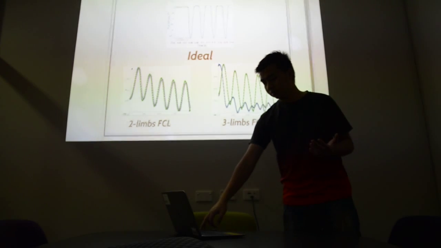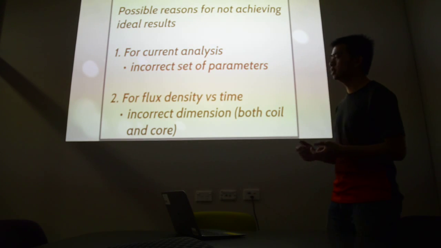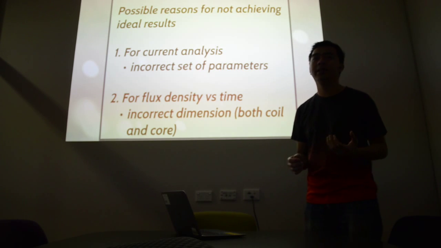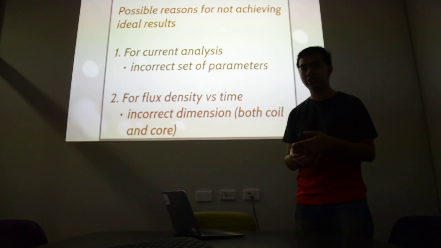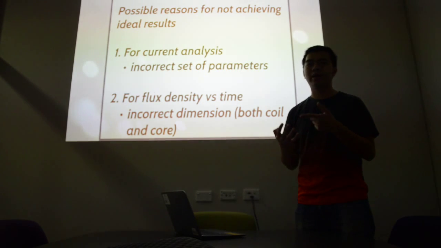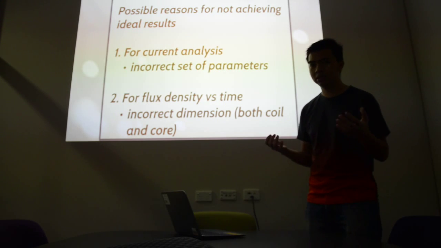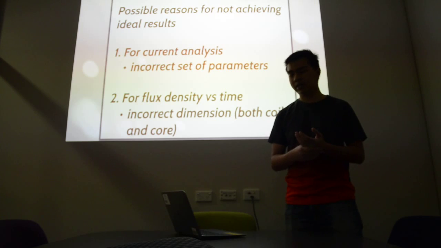The possible reason for the current analysis might be that there's a big possibility that I used an incorrect set of parameters. Remember when I told you that I use a simple set of parameters such as 1 volt, 1 ampere, 0.01 millihenry. It's a simple set of parameters that doesn't follow the rating.